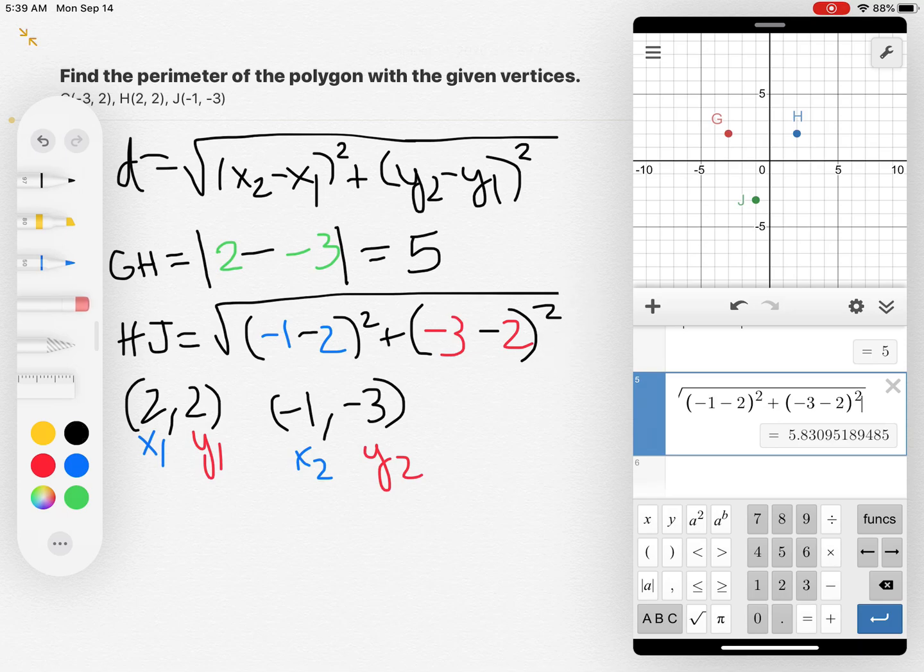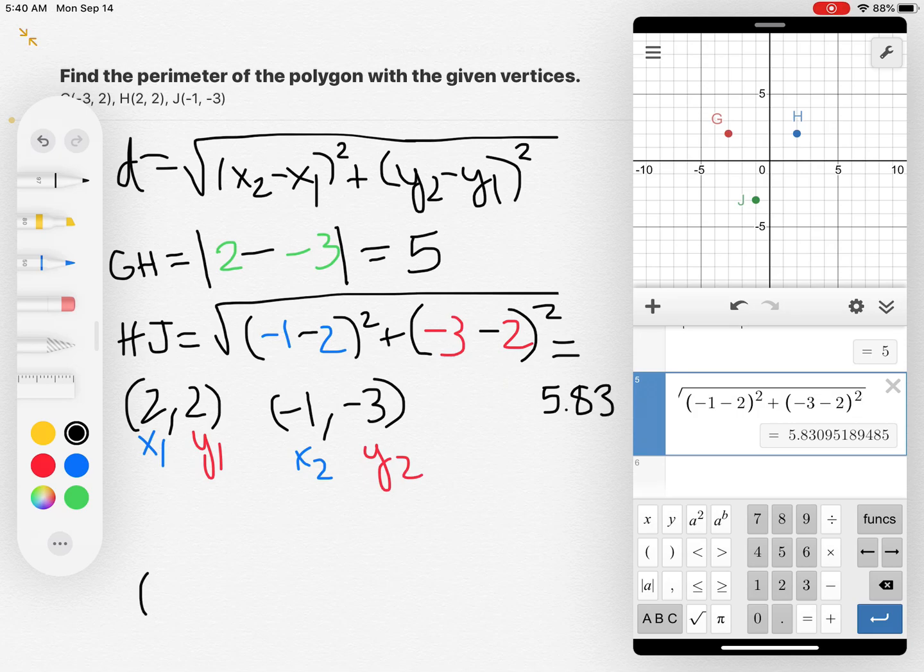We're going to say that's going to be, let's do 2 decimal places, 5.83. Now we're going to do the same thing one more time. But so we have G to H, we have H to J, now we need G to J.